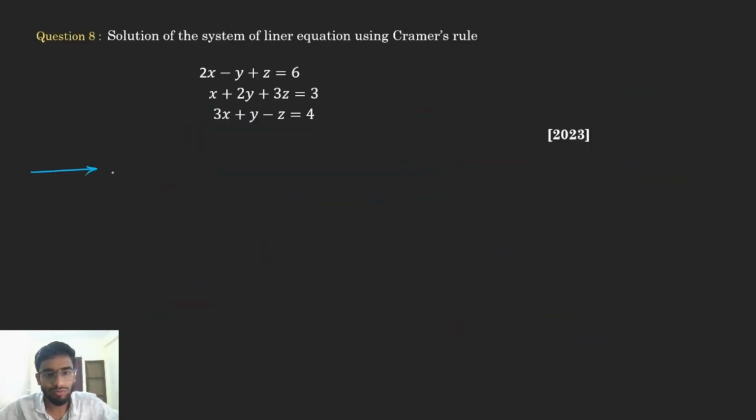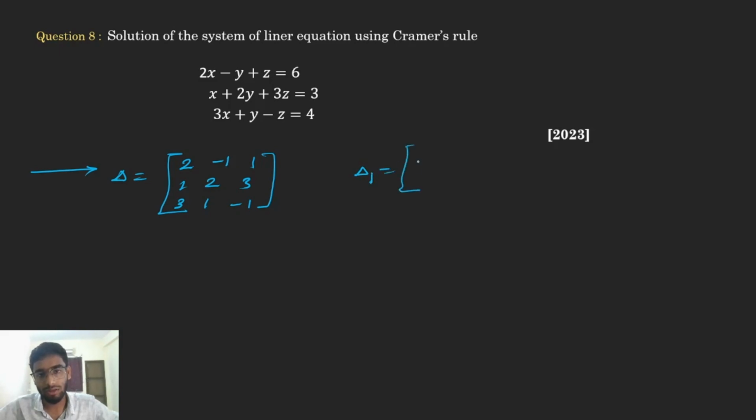Similarly, here also we have to calculate del. You try yourself. 2 minus 1, 1, 1, 2, 3, 3, 1 minus 1, and then you have to calculate del 1 by replacing that first column by 6, 3, 4 minus 1.